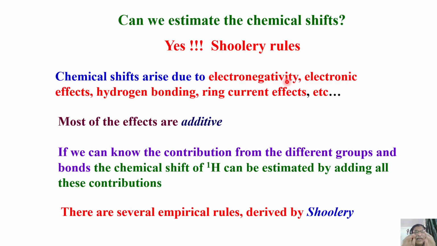A base chemical shift is given for a particular group by Schoolery. With the base chemical shift, you look at the other groups which are present and find out their contributions, which are empirically predicted already, and keep on adding these values to get the final total value. Then you will know the total chemical shift because of the addition of all these effects to the base value.